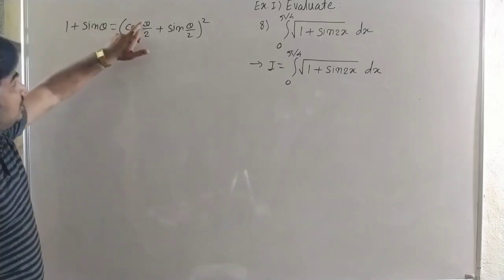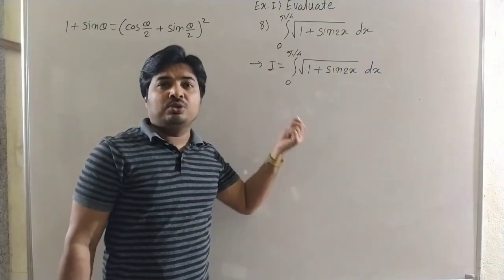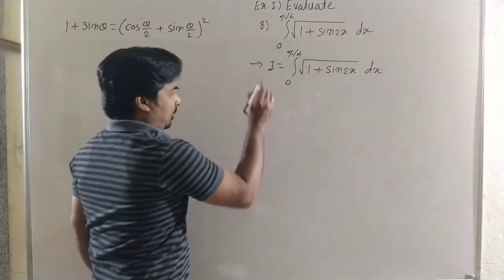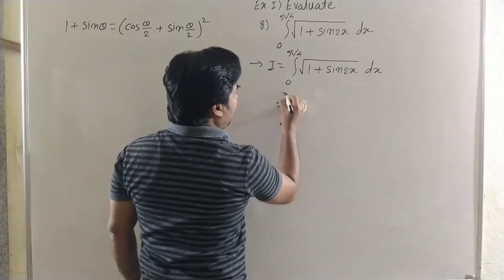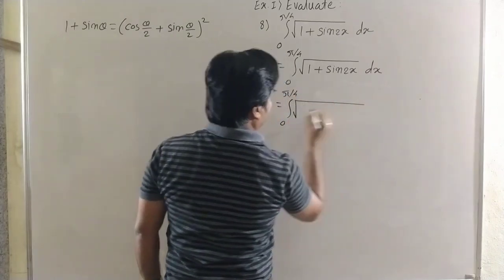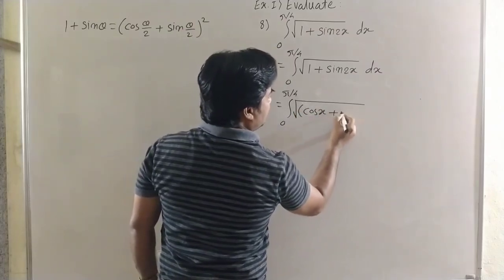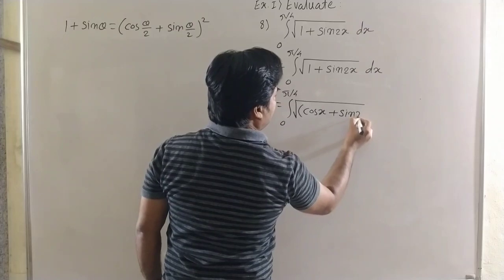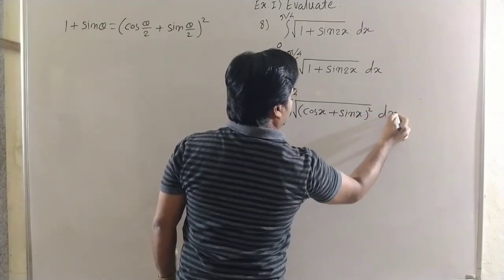Here it is theta and it is theta by 2. Now here it is 2x, therefore in the formula we use angle x. Okay. Now by the formula, the integral from 0 to pi by 4 of the square root of cos x plus sin x, whole square, dx.